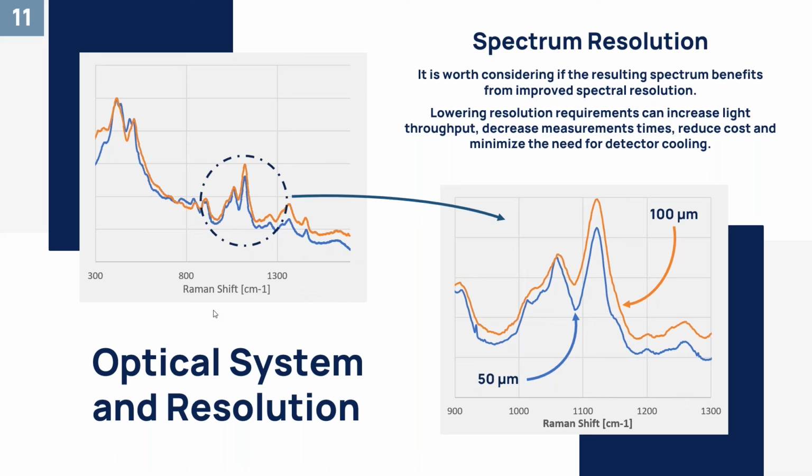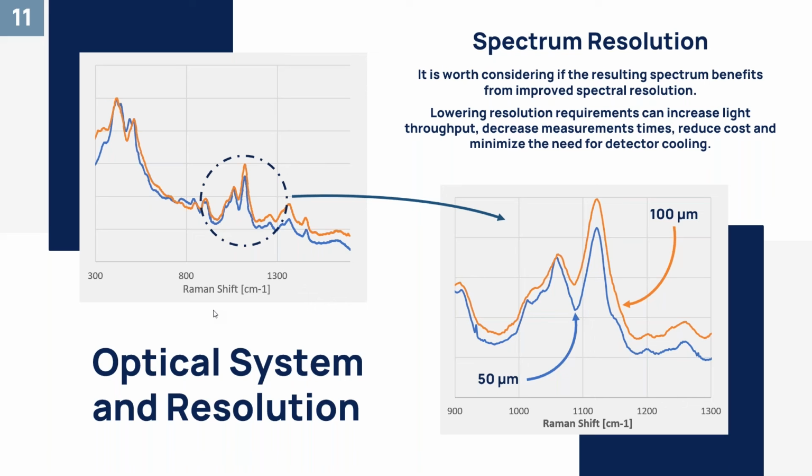It doesn't require the highest of resolutions. So I've overlaid the main portion. Some of the distinguishing features of glucose are at around 1,000 to 1,200 inverse centimeters. And looking at that, the resolution naturally from glucose is something like 50 inverse centimeters. So you don't need that high resolution.